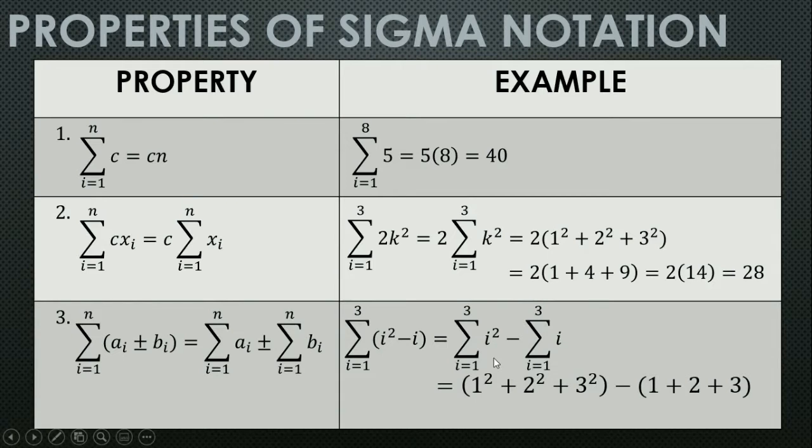And then, since 1 to 3, 3 numbers lang, we substitute 1, 2, and 3 sa kay I squared, and we substitute 1, 2, and 3 kay I. So, 1 squared plus 2 squared plus 3 squared minus 1 plus 2 plus 3. So, 1 squared is 1, 2 squared is 4, 3 squared is 9, and then 1 plus 2 plus 3 is 6. So, if we add this, it will give us 14. 14 minus 6 is 8. Understood?